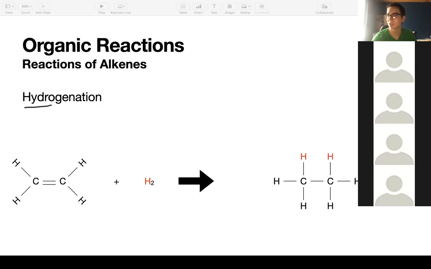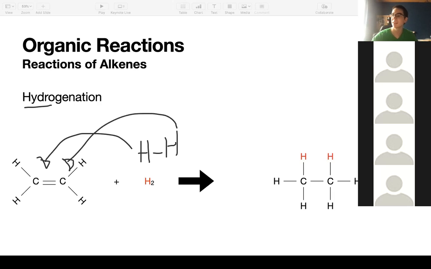So basically what we're doing is hydrogenating the double bond. These two hydrogens are going to show up. One of them is going to go to this carbon. The other is going to go to this carbon. I color coded it so that you can see the double bond will break, and now the carbons will have something like this.